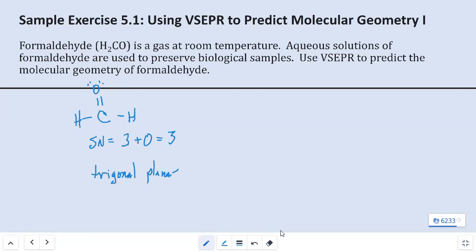So if we have a molecule that has no lone pairs on that center atom, steric number tells us electron domain geometry, and since there are no electrons to mess things up, that's also the molecular shape.